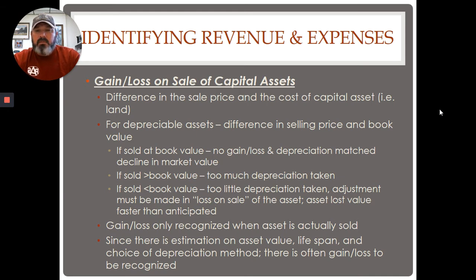But bottom line is, you're probably not going to utilize this part of the income statement very often in terms of on the revenue side. I don't know very many farms that are in that growth operational mode that are going to sell off land very readily. So this would probably be not often used on your income statement.